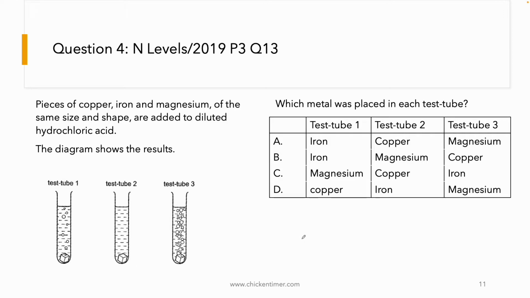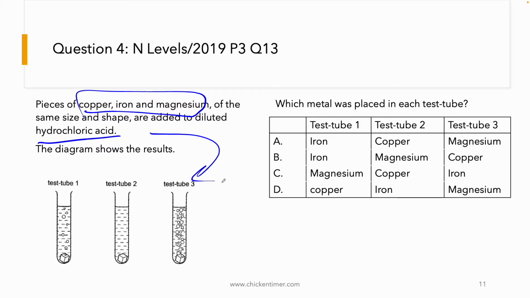Now question 4. We are given pieces of metal, copper, iron and magnesium, and they are added to dilute hydrochloric acid. The reaction shows three observations in three test tubes. Test tube 1 has a moderate amount of effervescence, test tube 2 has no bubbles, and the last one has the most effervescence, or bubbles.